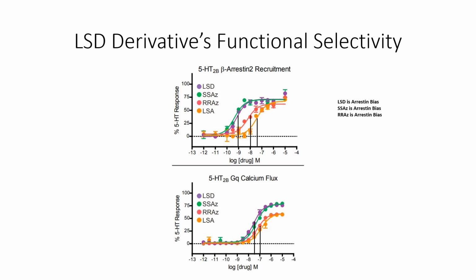LSA has an EC50 value of about -7.25 at the arrestin assay. At the GQ calcium flux assay, it is at about -6.75. Because -7.25 is more negative than -6.75, we can say that LSA is also arrestin biased. So we have seen that all of the LSD and its derivatives display functional selectivity towards arrestin recruitment.